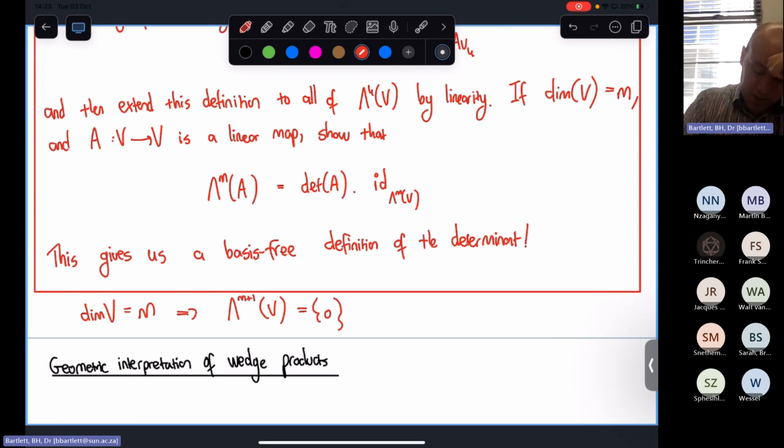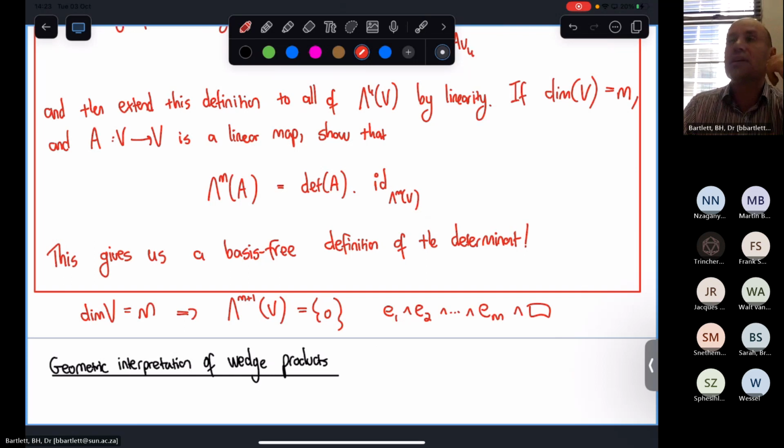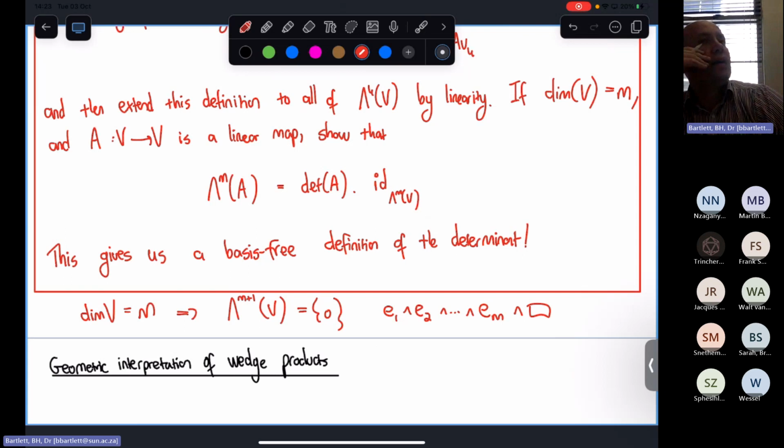Why is that the case? Because if you think what would be a basis for this space, it would be vectors of this form, where this index is going to be less than this index, and so on. And now I've run out of room. I've got nothing left, so I can't form any, which means there aren't any basis vectors, i.e. it's a zero vector space.